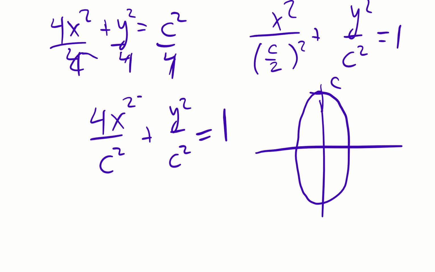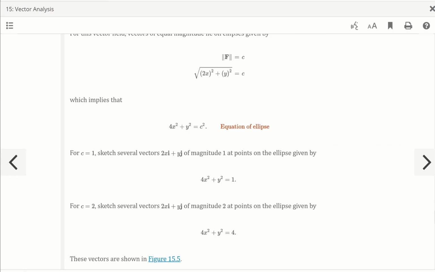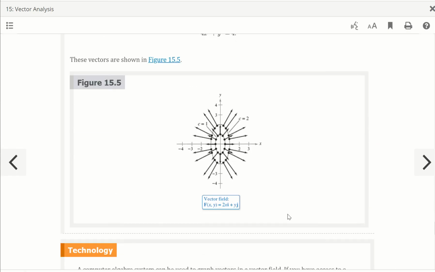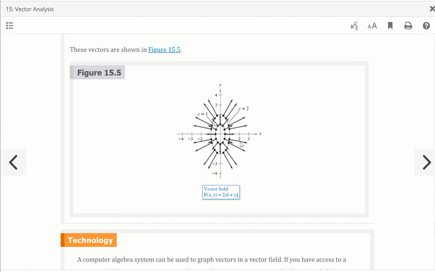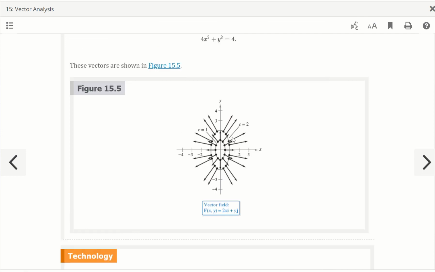So the vertical intercepts would be c and negative c, and the horizontal intercepts would be negative c over 2 and c over 2. So just as we said a moment ago, you would see those vertical style ellipses. And at any point along that ellipse, all of those vectors would have the same magnitude.